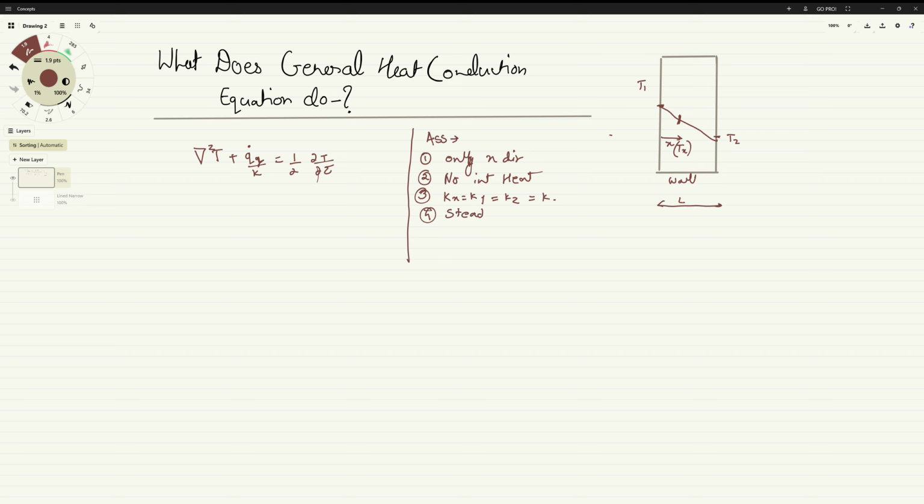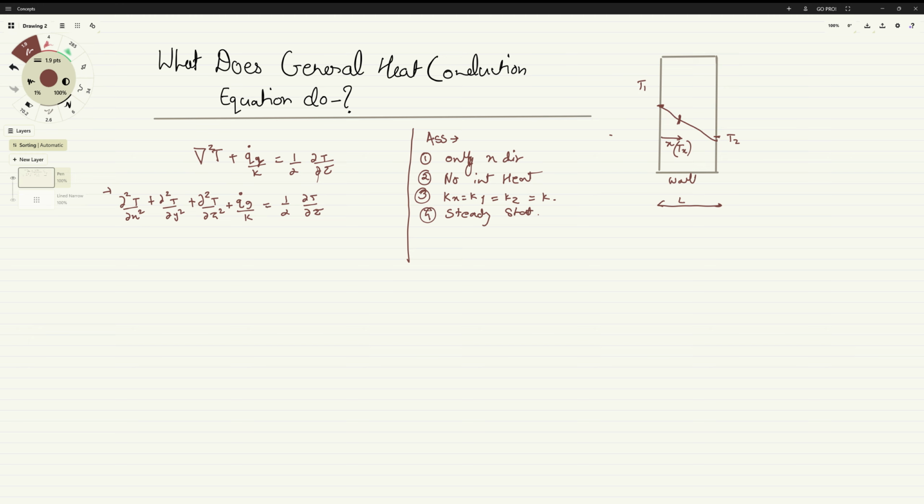Steady state heat conduction. Now let me tell you why we took all these assumptions. Let me expand this equation: dou square T upon dou x square plus dou square T upon dou y square plus dou square T upon dou z square plus q dot g upon k is equal to 1 upon alpha dou T upon dou tau.